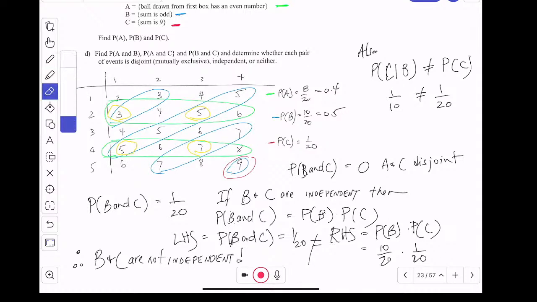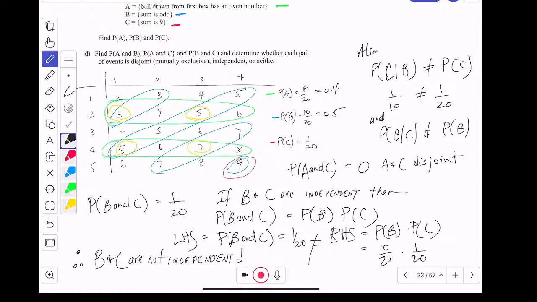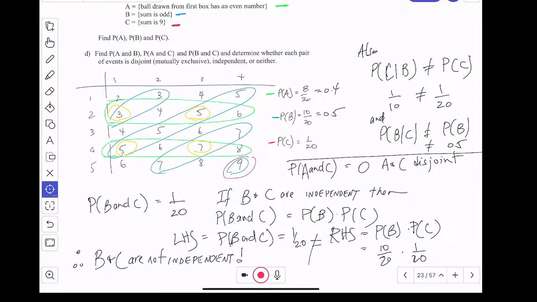So the probability of B is 50%. But that's not the same as being in C and the chance of B. What's the chance of being B inside of C?